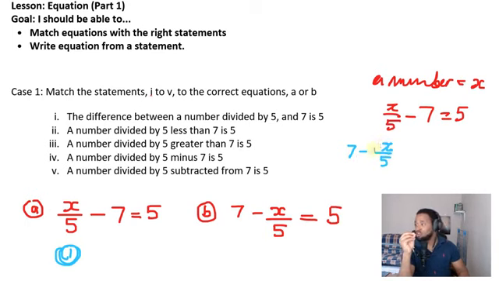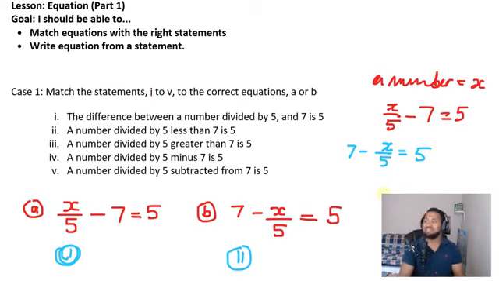So if I take this number away from 7, I will always get a positive number, in this case 5. So B is the same as what we have in this statement. So 2 is with B.